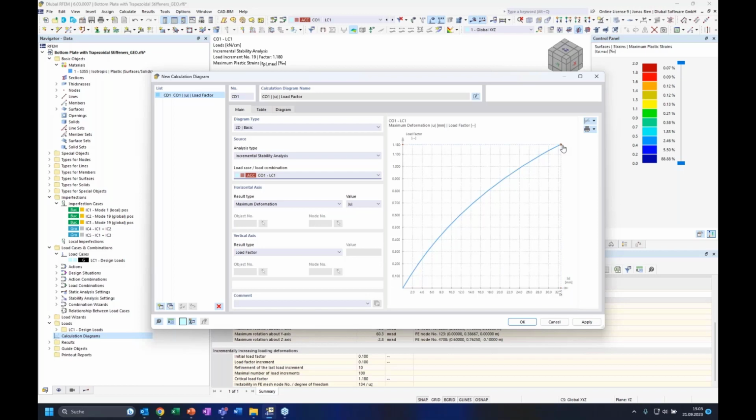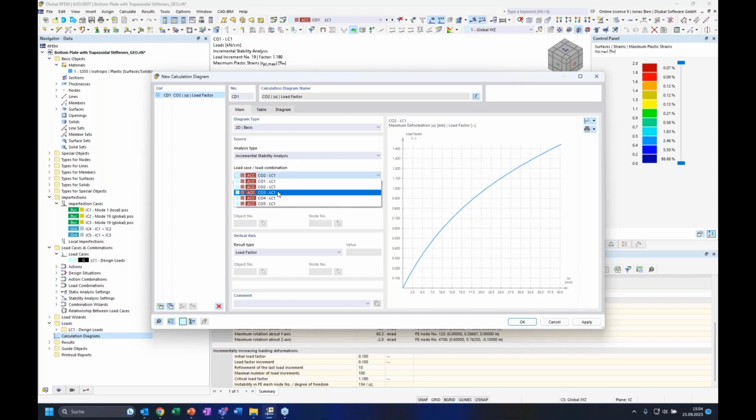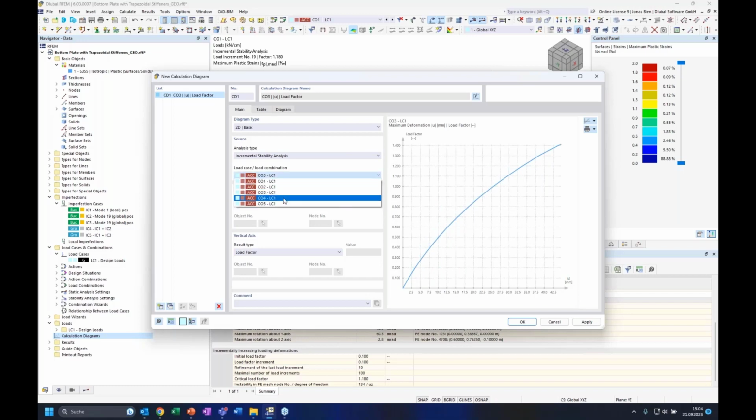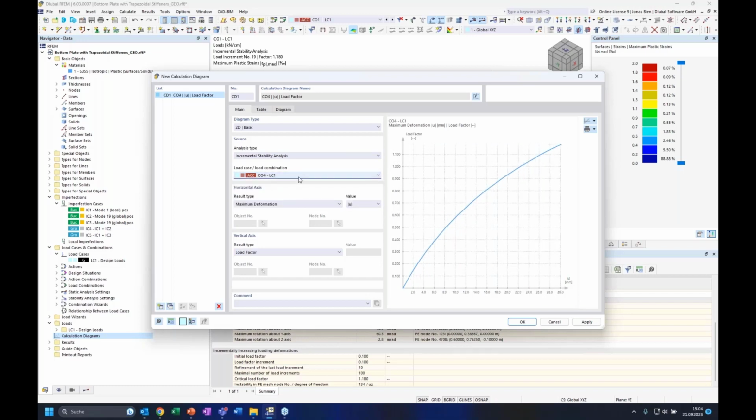So I say, okay, on the safe side, I assume that the numerical instability is caused by structural instability, and I take the maximum load factor that I have reached as the maximum of the computed load deformation path. So in this case, it would be 1.18. I think this was also the maximum load factor for the other combinations. So combinations 2 and 3 were further up, but 4 and 5 was also 1.18.